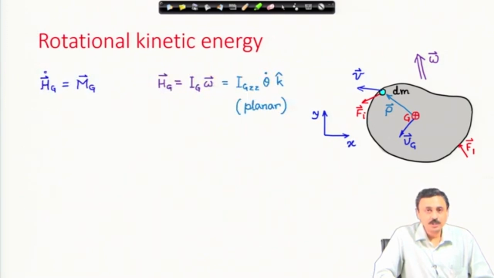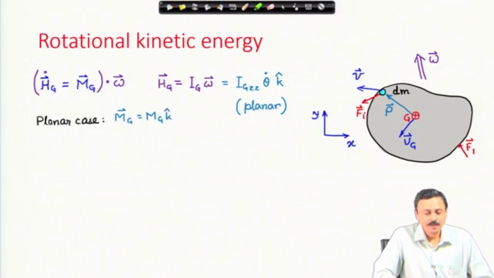What changes the rotational kinetic energy? For that, we have to look at the angular momentum equation. We are treating the planar case. I take a dot product of the angular momentum equation with omega. For the planar case, the moment of all forces about the center of mass will be in the k cap direction. Therefore, its representation will be M_G k cap.